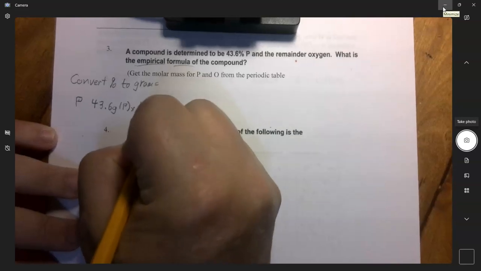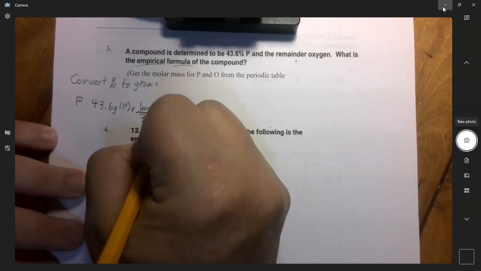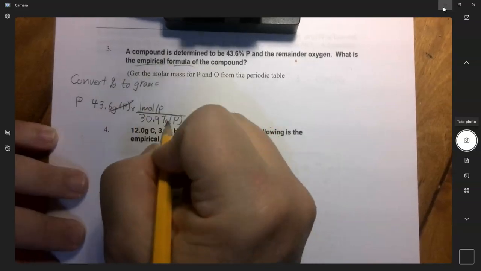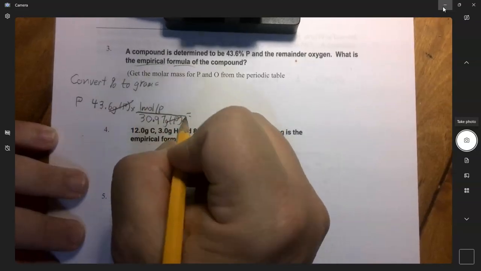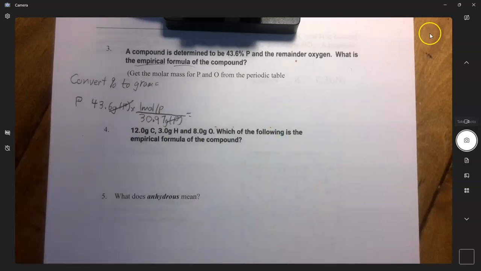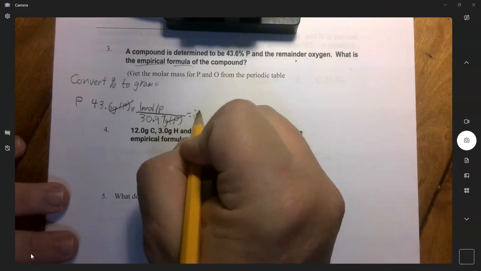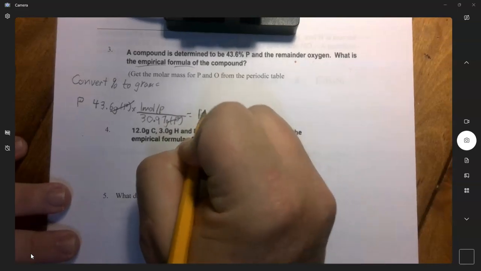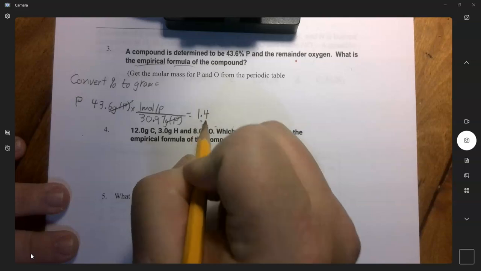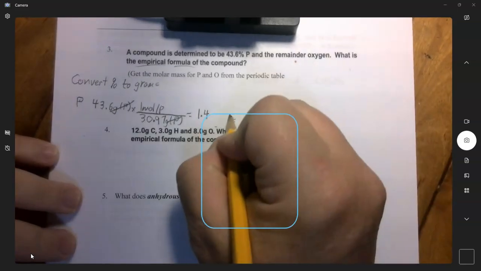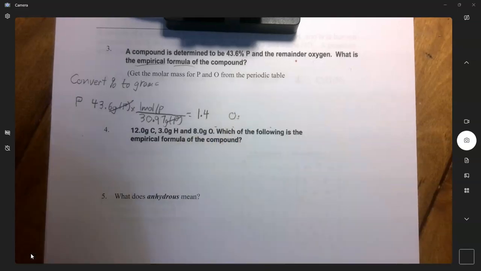So your conversion is to put grams on the bottom. This cancels, and that gives you, I'm going to put 1.4. You want to reduce the number of digits on empirical formulas because you need to come out with a ratio. Remember, so you'll see that in a minute.